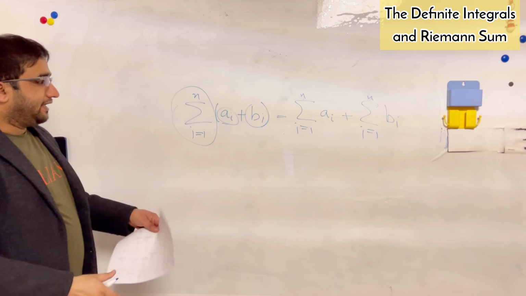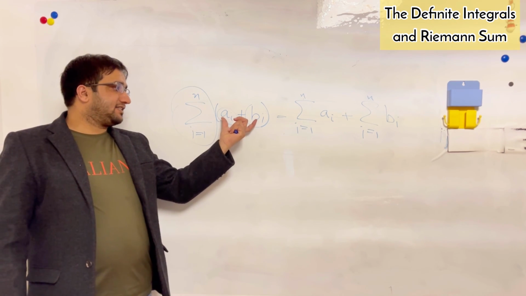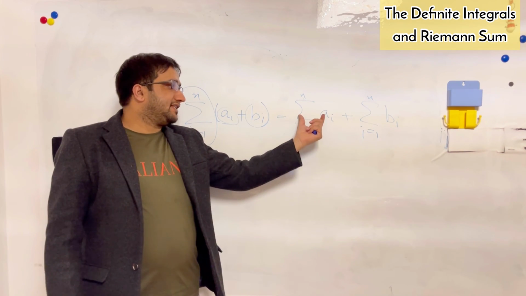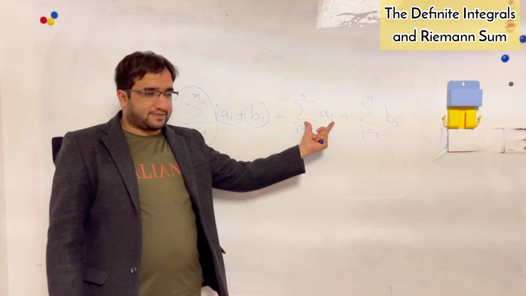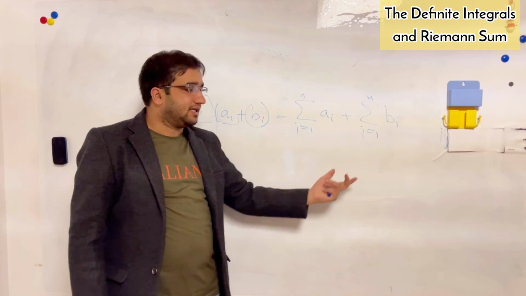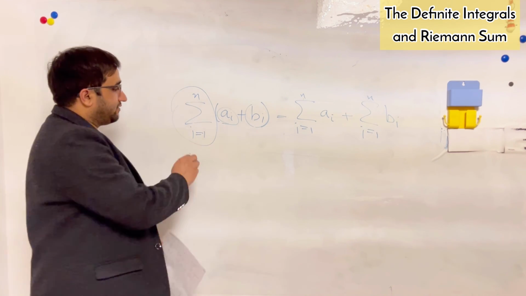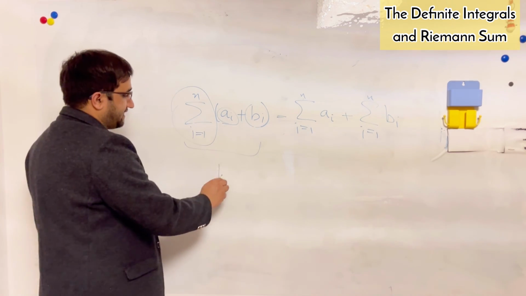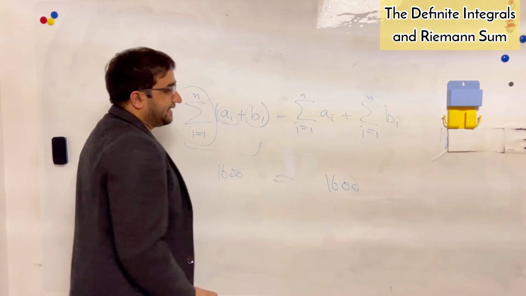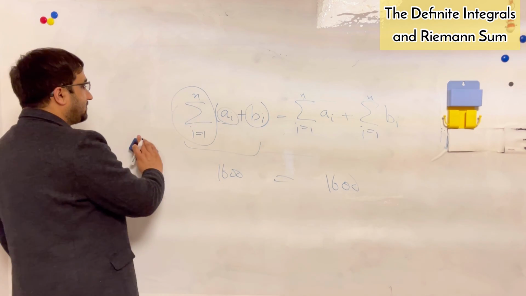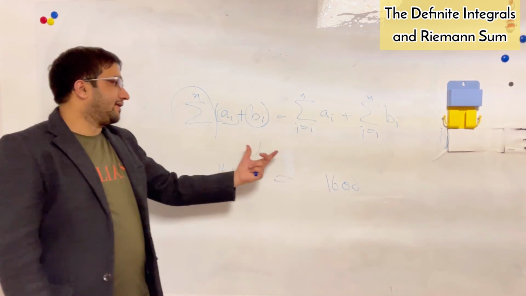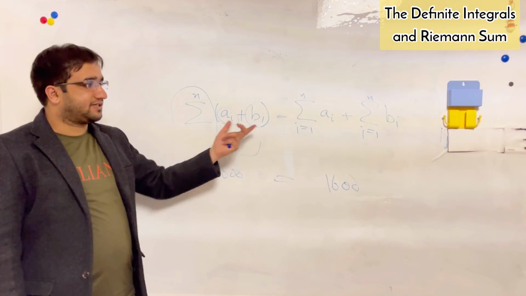Now if you add the ith terms first and then apply the summation, or if you apply the summation on the first term separately, apply the summation on the second term separately, and then add them together, the answers will be the same. Let's suppose the answer is 1600, then on the right hand side the answer will be again 1600. So sum of the summations or summation of the sums, the answer will always be the same.